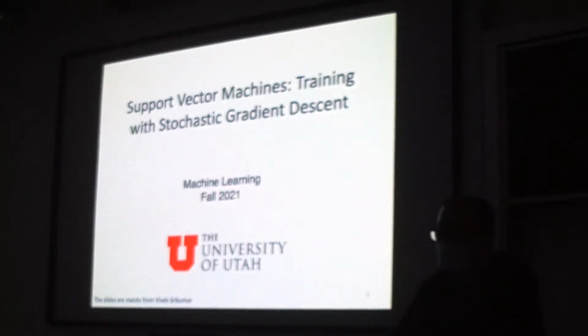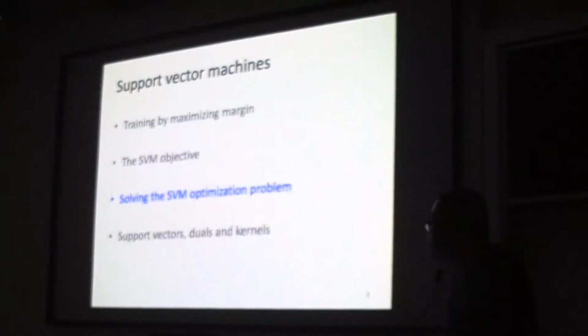What do support vectors mean? So we're going to first talk about the training of support vector machines in the primal domain with stochastic gradient descent. And then we'll introduce some basic knowledge about optimization, like Lagrange multipliers and the primal-dual transform, and then how we can solve the dual form.